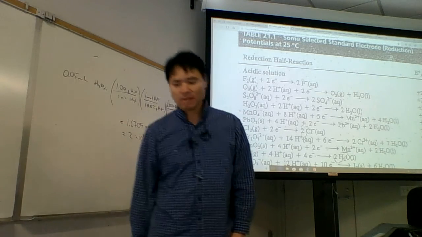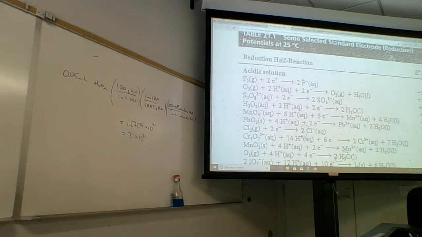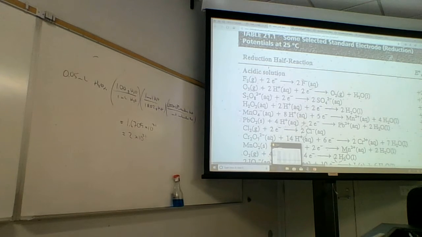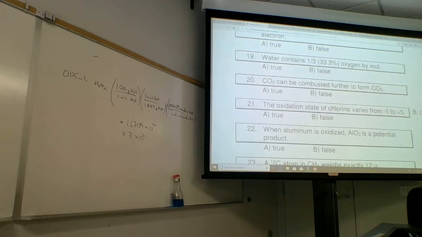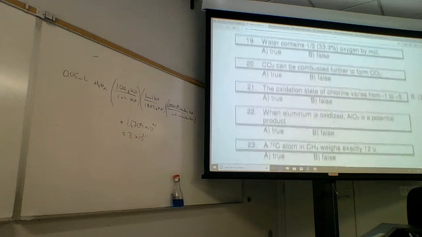So carbon trioxide, false. 21, the oxidation state of chlorine varies from -1 to +5. False.